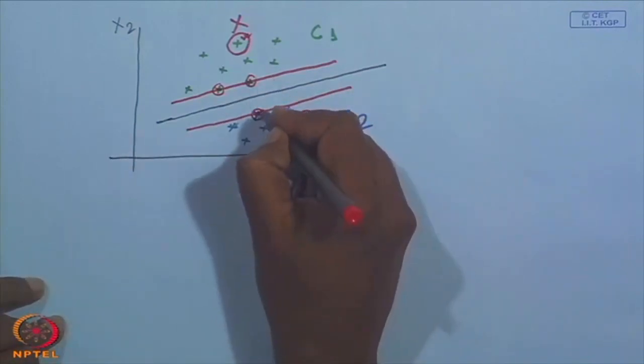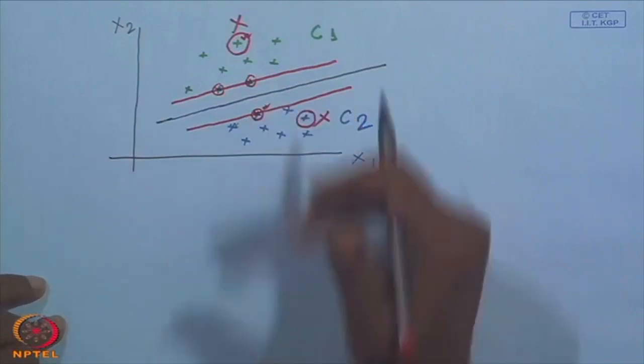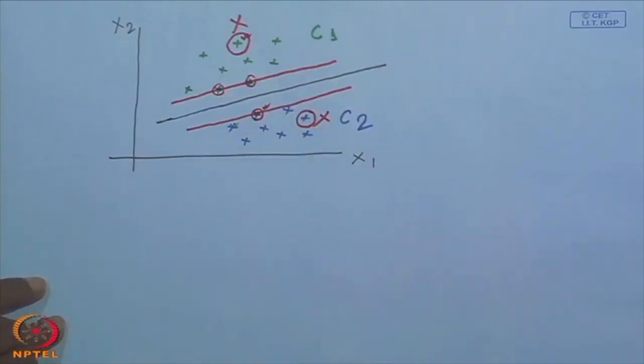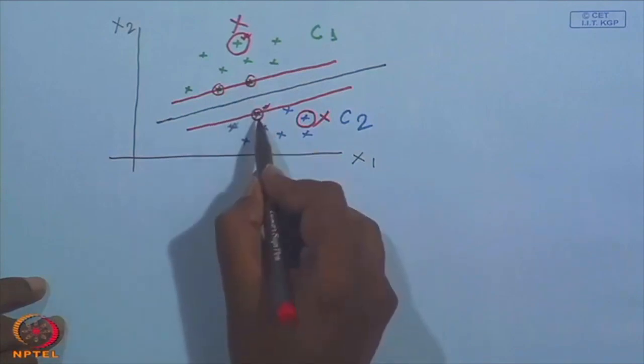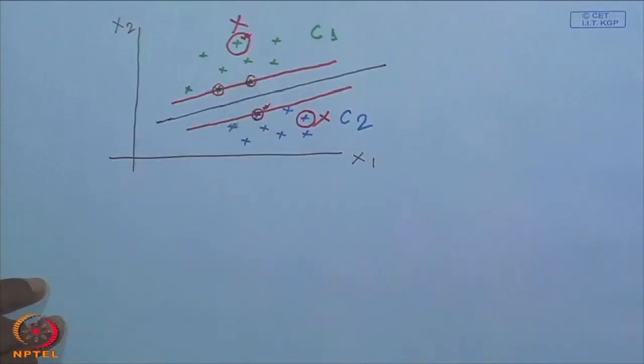But if I remove this feature vector from my training set, the position of the hyperplane is going to be different. So these are the feature vectors which are called support vectors. The other vectors are not support vectors. This support vector machine is again a linear machine whose design is greatly influenced by the positions of the support vectors, and not that much influenced by the feature vectors which are not support vectors.